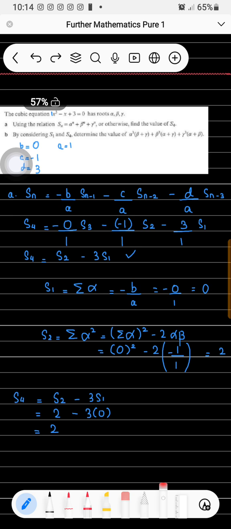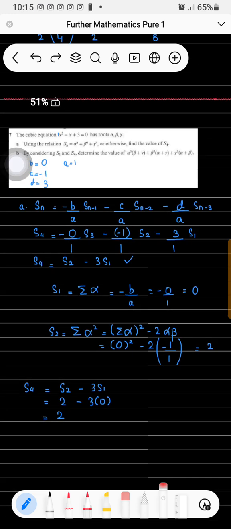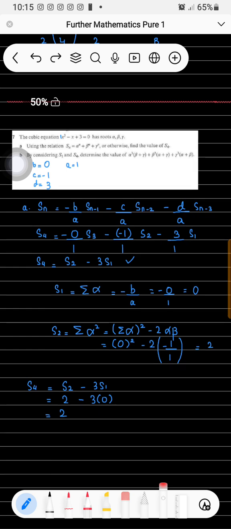We will insert the values of b, c, d, and a, and the values of S3, S2, S1, and we will get a structured formula for this part. Like we got the formula for S4 equal to S2 minus 3S1, and we solved it and got our answer. Okay, now we are going to do part B here.